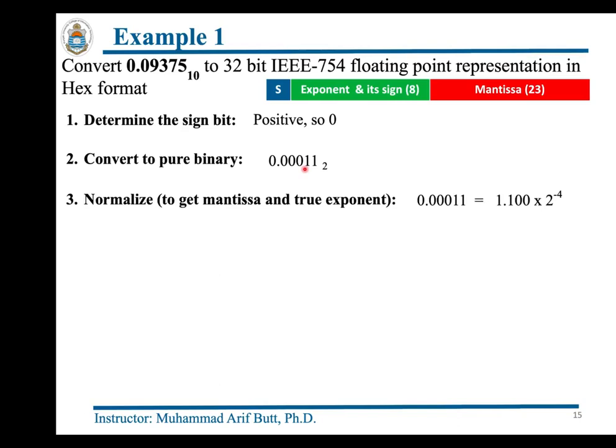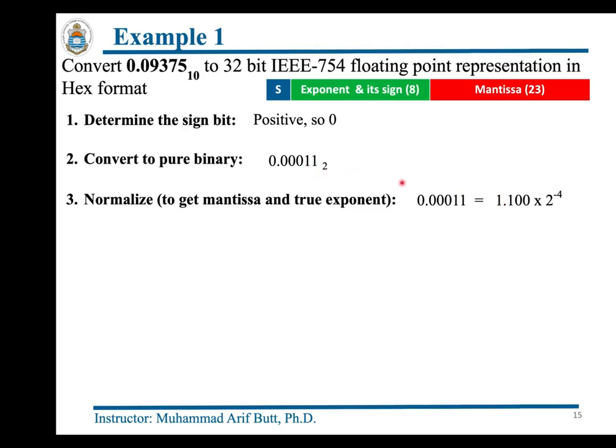Now we need to normalize. We need to normalize this number to get the mantissa and true exponent. So in order to normalize, we need to shift the binary point over here 1, 2, 3, 4 positions to the right, so that we have a 1 on the left of the binary point.